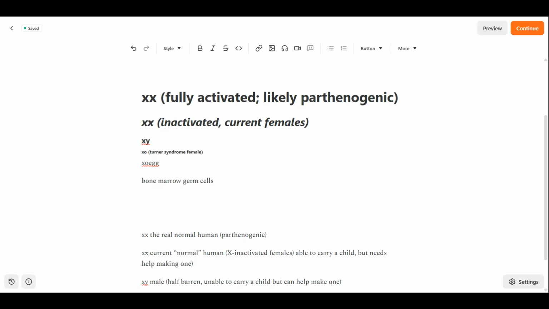Because if it's not 100% accurate, it will accumulate errors and errors and errors. So it has to be 100% accurate all the time, right?